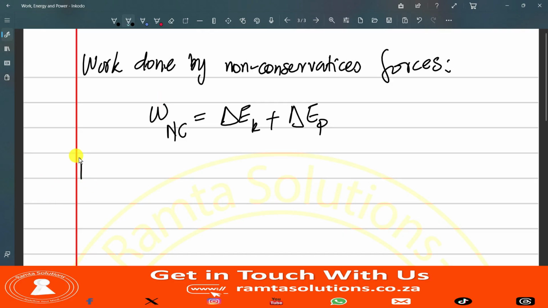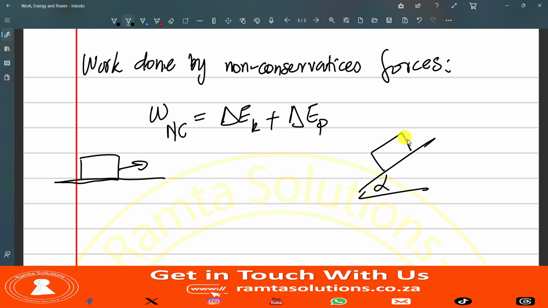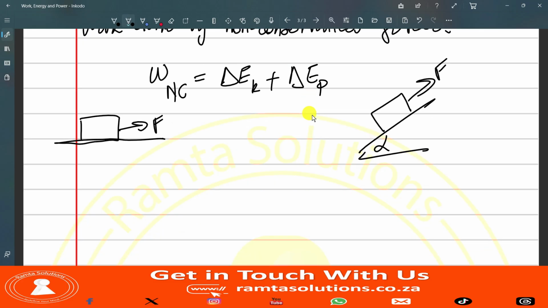For our cases that we were looking at, you recall this one here and this one here. Remember, the non-conservative forces here are friction and applied force, right?